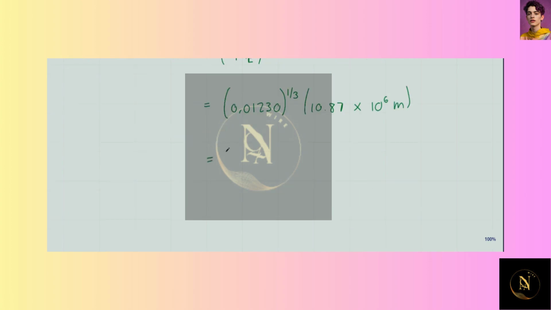And so we get the radius of the satellite's orbit around the moon to be 2.509 times 10 to the 6 meters, which is 2,510 kilometers. So the radius of the satellite's orbit about the moon needs to be 2,510 kilometers from its center.